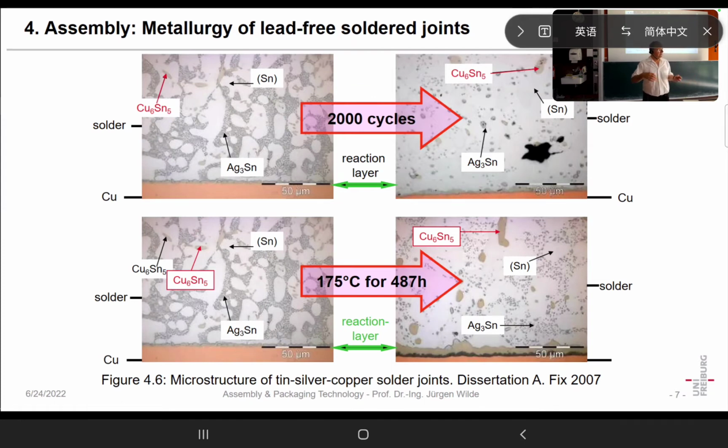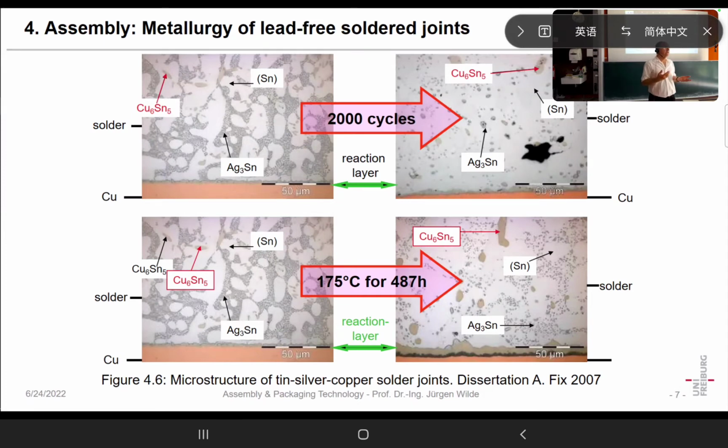Fatigue means mechanical degradation, we get cracks, and finally the chip falls off or the chip is overheated due to the cracks. But there is one thing which is important in solder alloys. Also, the internal structure of a solder alloy is not stable over the operation time.